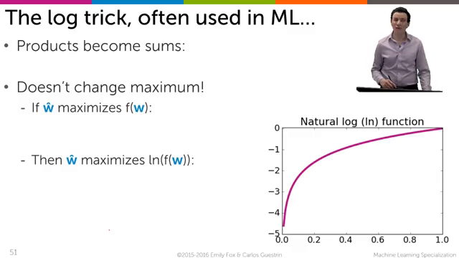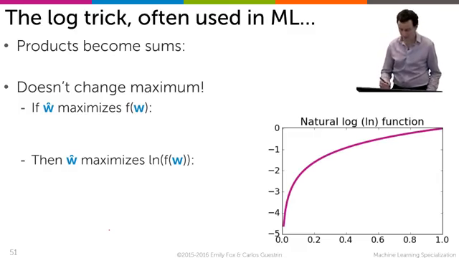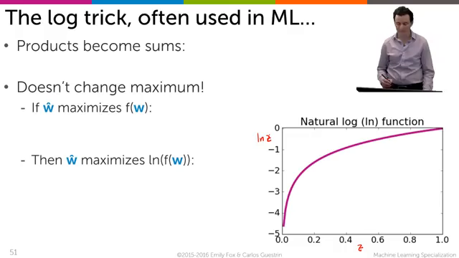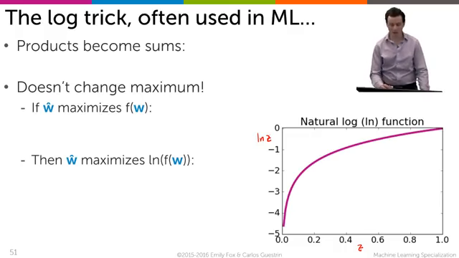So let me do a quick review of the natural log function, ln, which is the function I'm showing here. On the x-axis you have some value z, and on the y-axis this is what the log of z looks like. At 0 it will be minus infinity. It grows quickly at first, and then much slower later.